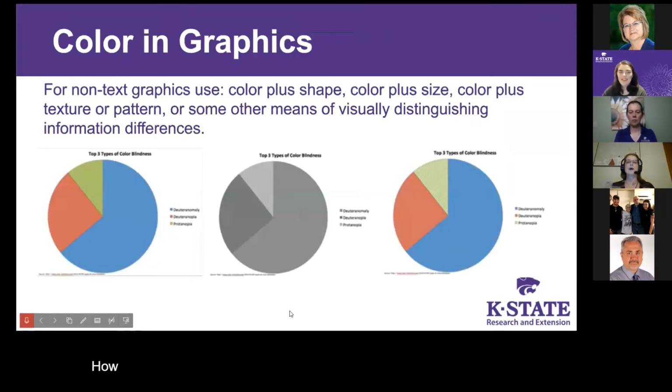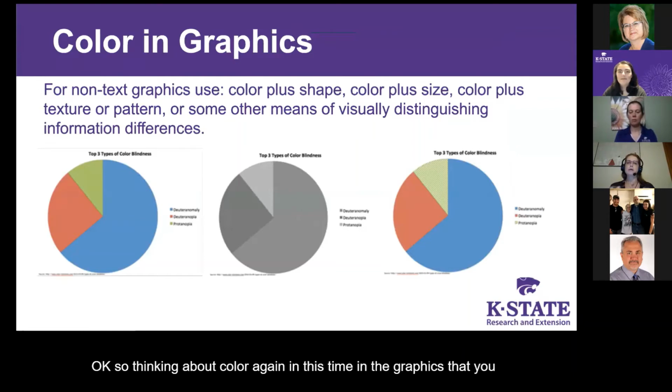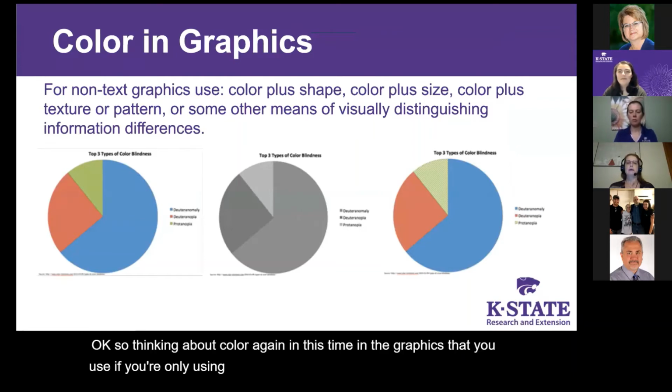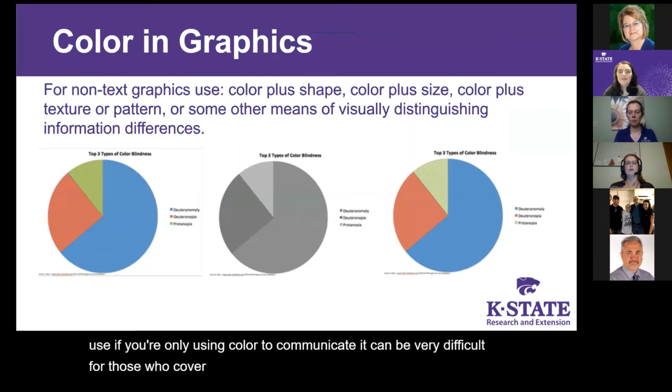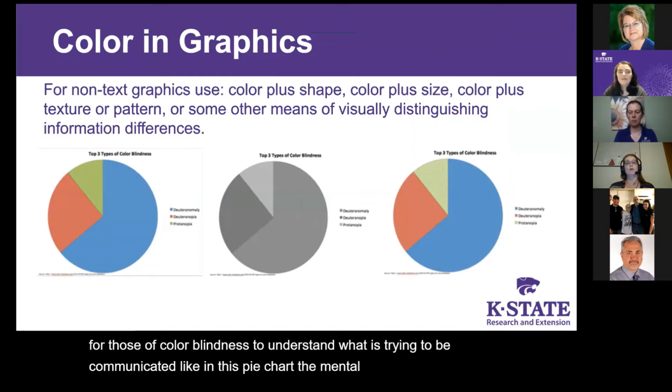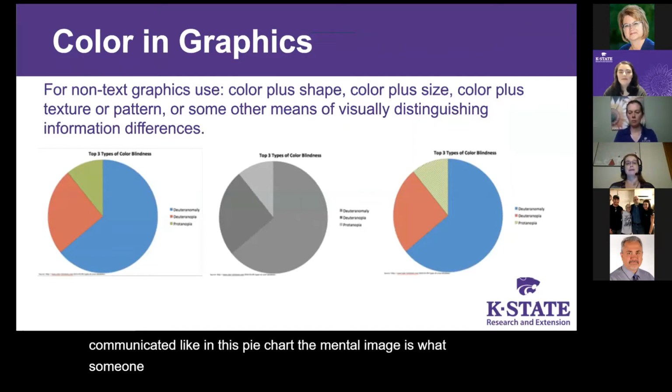Okay, so thinking about color again, this time in the graphics that you use. If you're only using color to communicate, it can be very difficult for those with color blindness to understand what is trying to be communicated, like in this pie chart. The middle image is what someone with color blindness might see when they're looking at that pie chart.